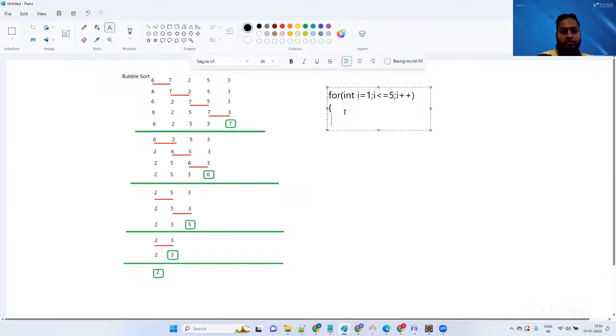So I will say for j equal to 0, j less than, iteration count is reduced, right? So 5 minus I. So I is 1. So 5 minus 1 means in the first iteration 4 comparisons, right?